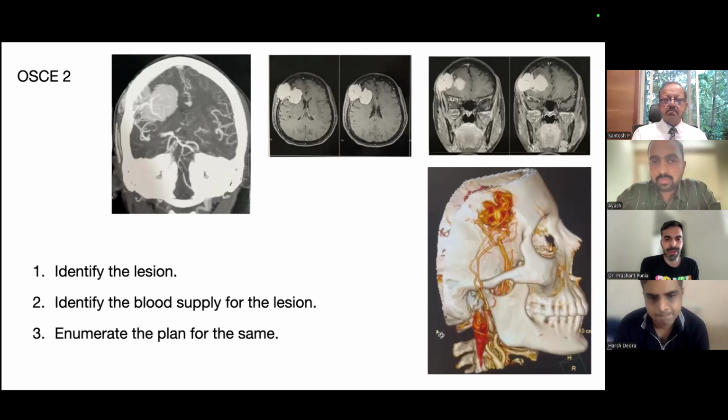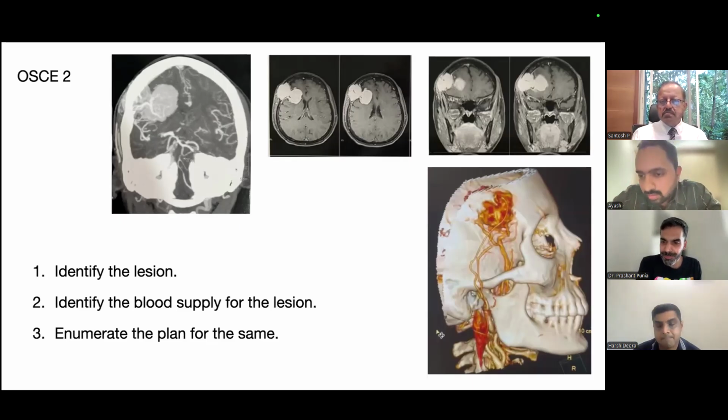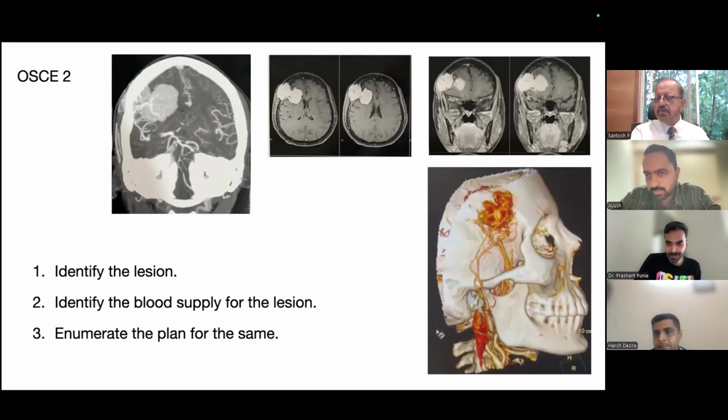And what is then the blood supply for the lesion? You can look at the other images also. Presumably it is involving the bone, and the blood supply is coming from the branches of the external carotid artery. Which would be?